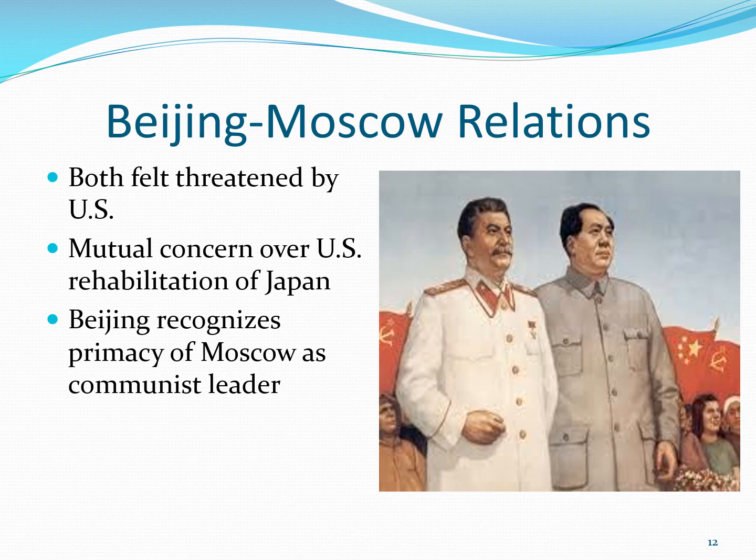Now, the United States was taken off guard by the fall of China to communism under the leadership of Mao.